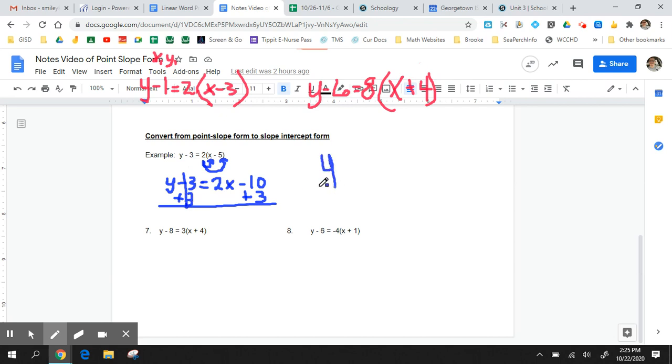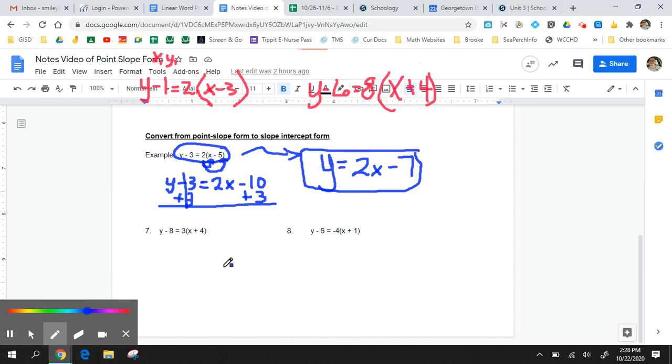So over here where I have more room, y equals 2x minus 7. This point slope formula that they gave you, it was in point slope, and now it is transitioned over here into slope intercept form. All right, so now we have 7 and 8 as our examples.